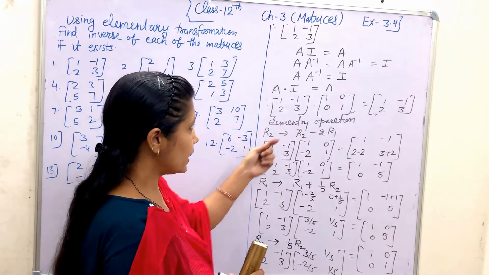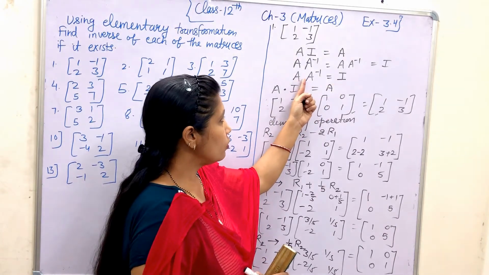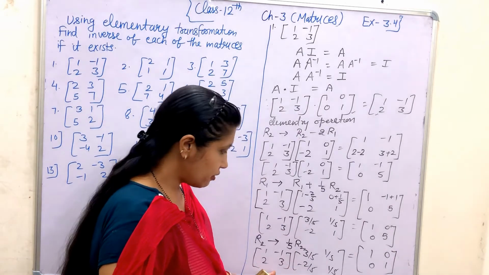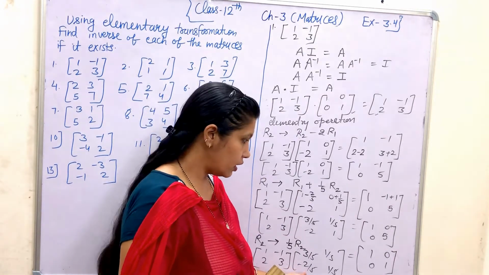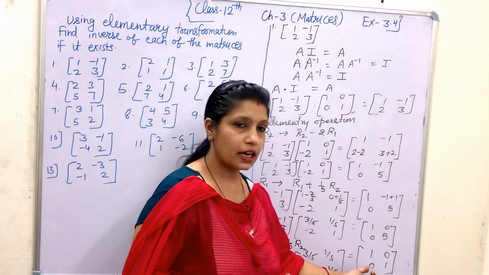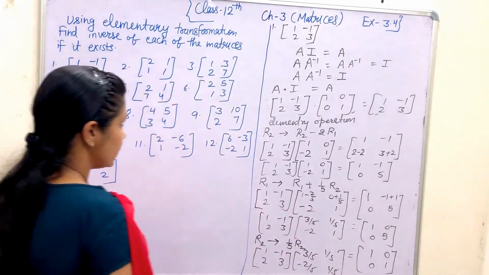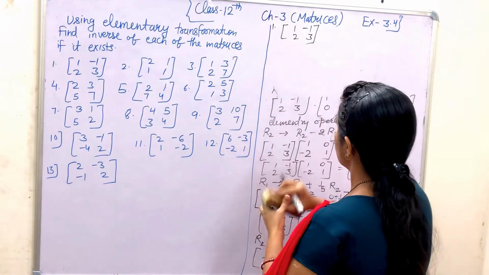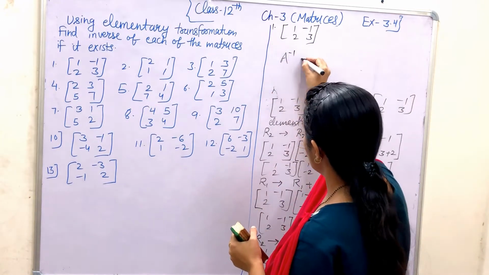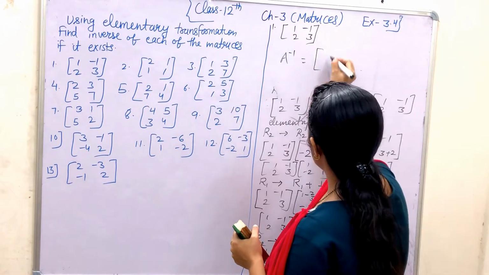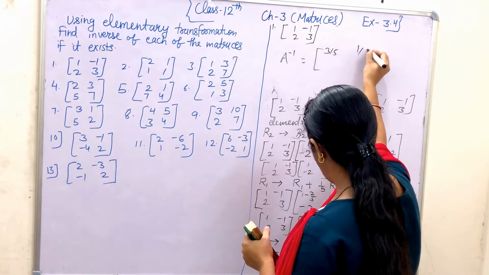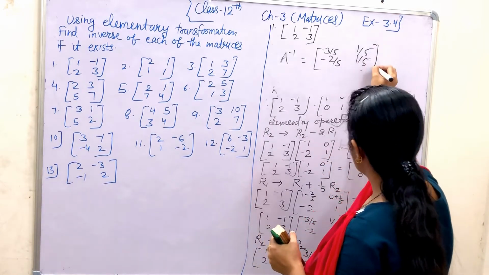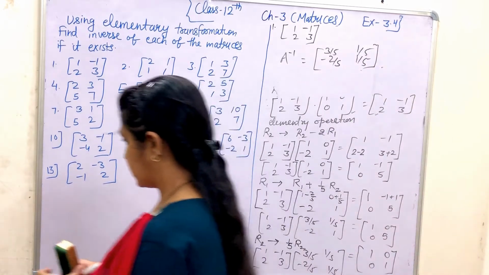Now we can see that if A into A inverse equal to identity, so we write this is our A and this is our A inverse. So we get the result as identity. So we find our A inverse, that is A inverse equal to 3 by 5, 1 by 5, minus 2 by 5 and 1 by 5. We get our A inverse.